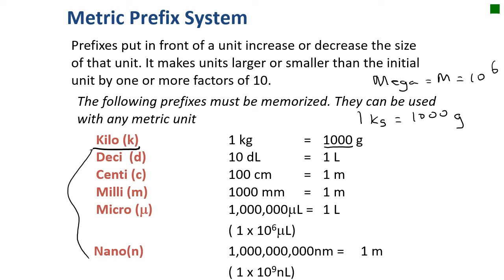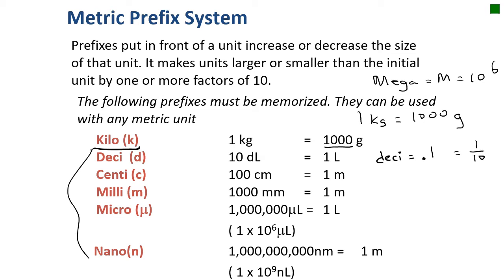The rest of these are all for smaller, and we tend to use smaller in chemistry rather than larger. So, for example, a deci, and these are prefixes. Now, we're going to have two ways of looking at these, and you're going to have to sort out how you can learn them. A deci is a 0.1, and we can consider here that if we have 0.1, that's the same as 1 over 10.